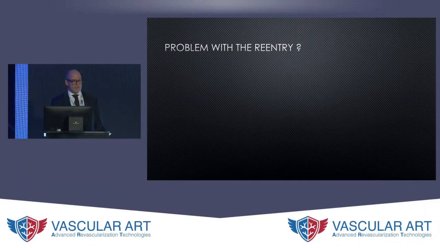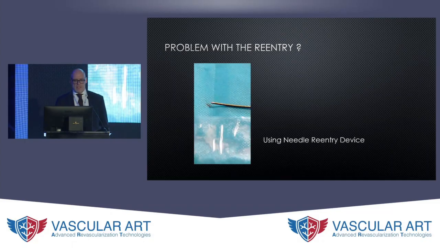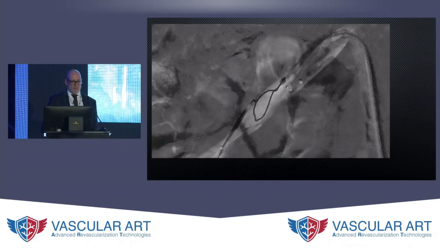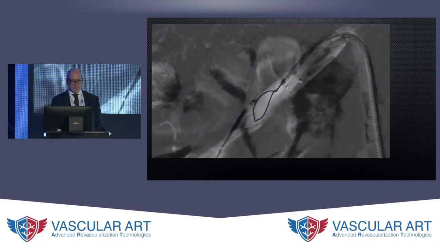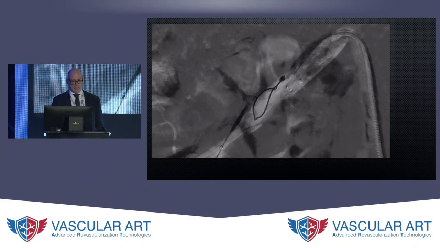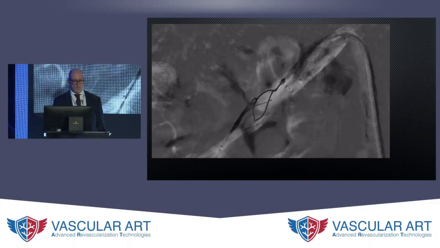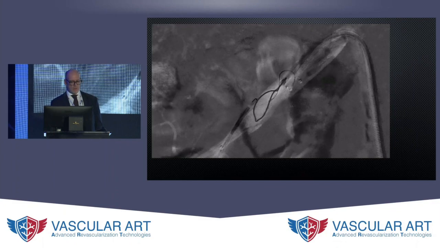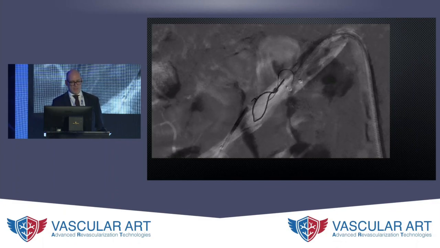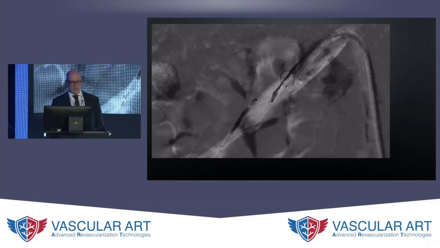So what is the difficulty? We have problems with the re-entry. Mostly we have problems going from the brachial artery or with the crossover technique. But I think one of the solutions is to use a needle system. And you see here one in the aortic. There's a through and through wire with the BBAC system and a snare. And it was possible to go through the dissection and snare it.